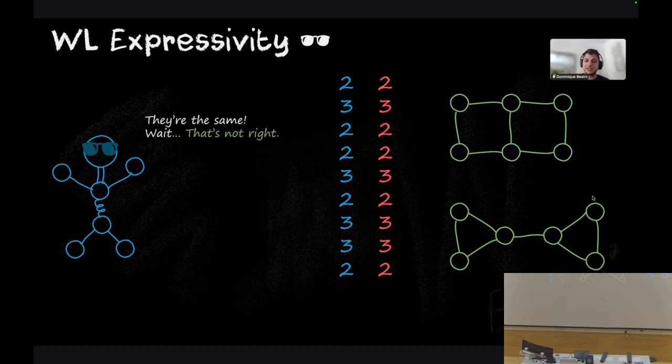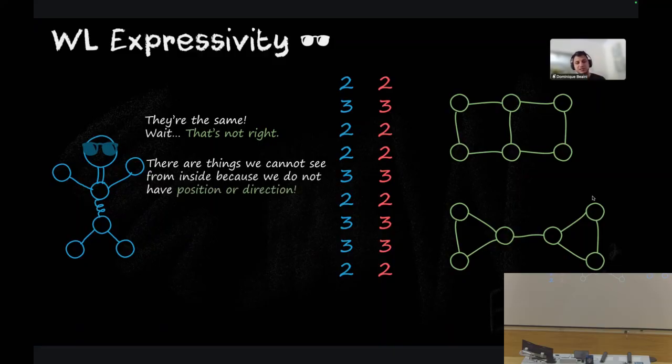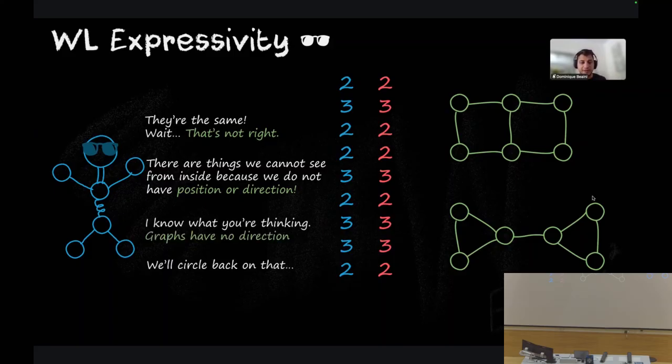But of course, that's not right. Especially in the case of molecules, although these are not drug-like molecules, they could definitely be molecules, and not being able to differentiate between these would be very problematic. So these are things that we cannot see without having position, direction, or at least knowledge of larger neighborhoods than just direct neighbors.